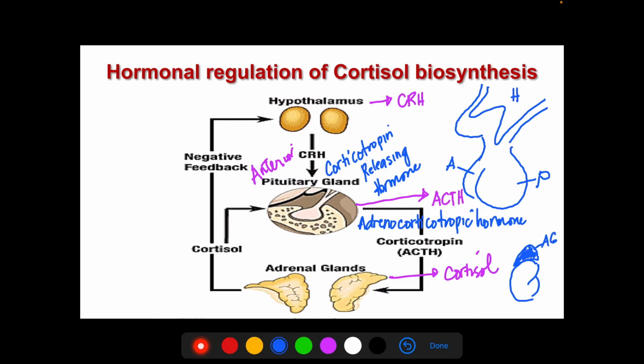It's important to know the feedback mechanism of these different glands and the hormones they produce, because if the patient is experiencing adrenal insufficiency, sometimes the doctor would want to know where the cause of that adrenal insufficiency really is. For example, if the patient has a decreased cortisol level, probably the problem is really in the adrenal gland.